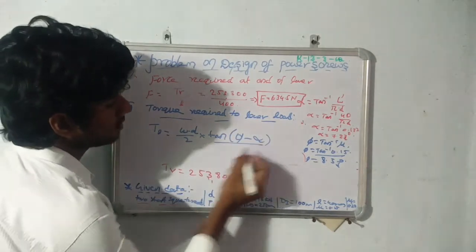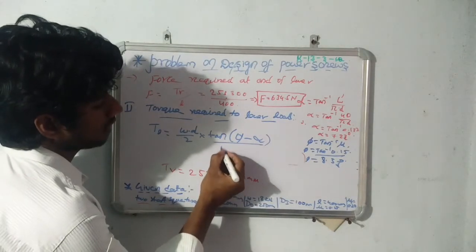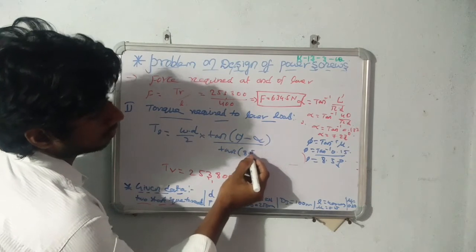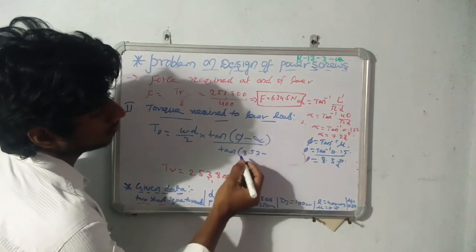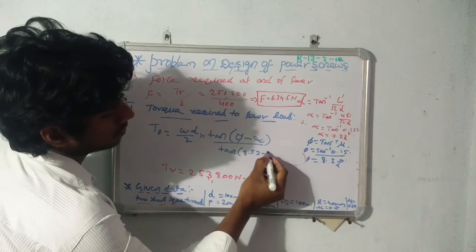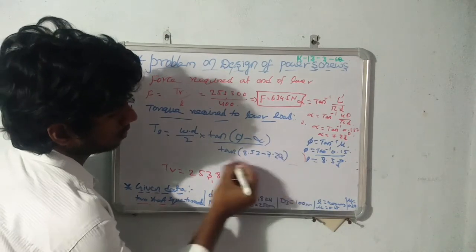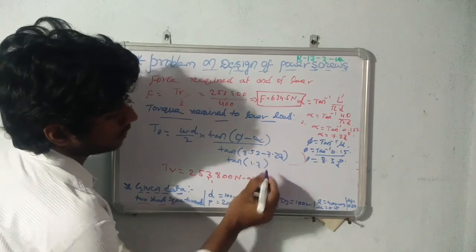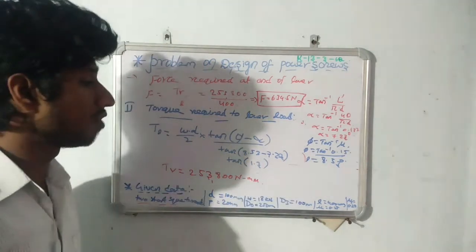By simplifying this, what do we get here? Tan of phi, which is 8.53, minus alpha, which is 7.23. Finally we get tan 1.3. Take the tan 1.3 value.